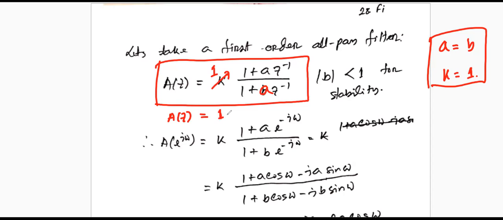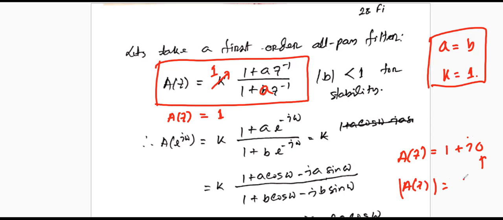A(z) equal to 1 means, yes, you can write in this way, A(z) is equal to 1 plus j0. That means you don't have any imaginary part. So that is not a complex signal. The real part is 1. It shows that you only have the magnitude.